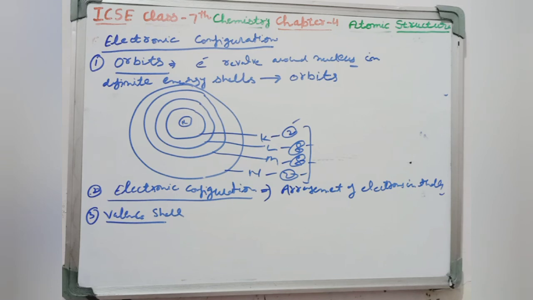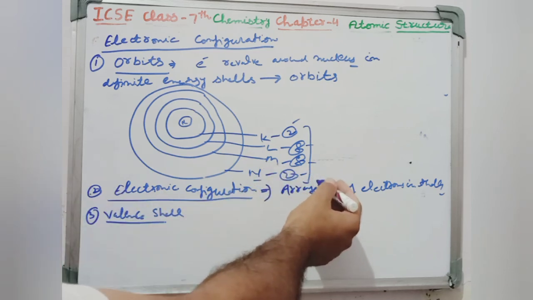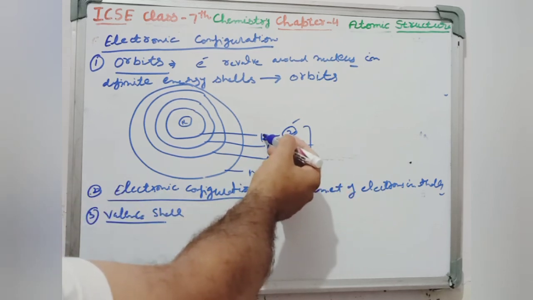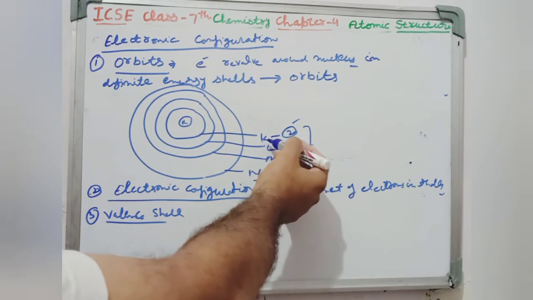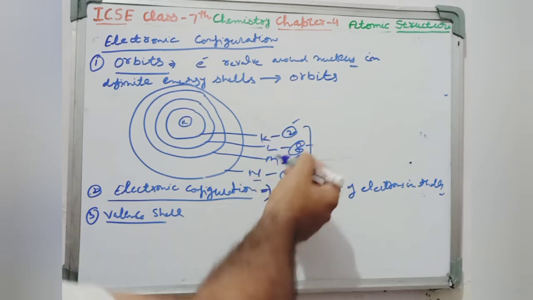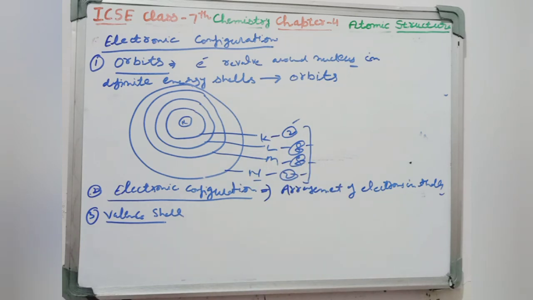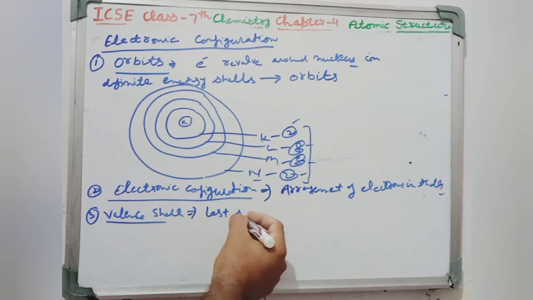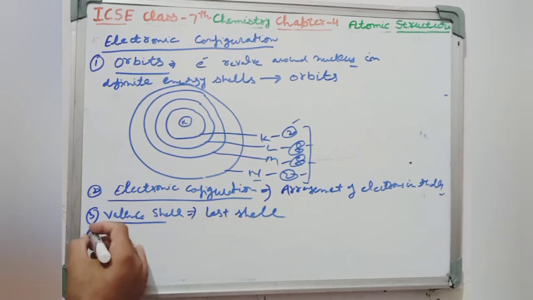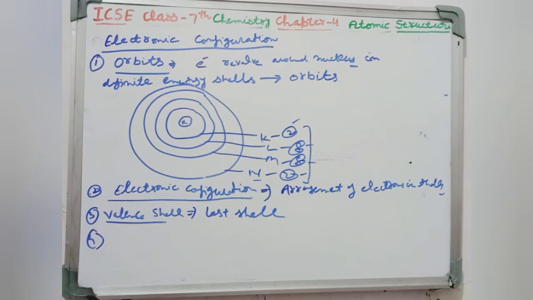The last shell is known as the valence shell. In this, N is the valence shell. Sometimes N is not there. If these three are there, then M is the valence shell. If 2 are there, then L is the valence shell. The last shell. Now, number 4 is valence electrons.